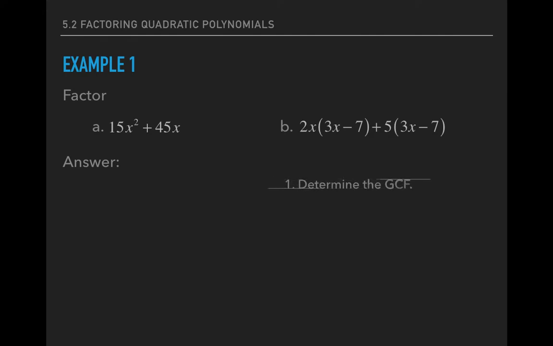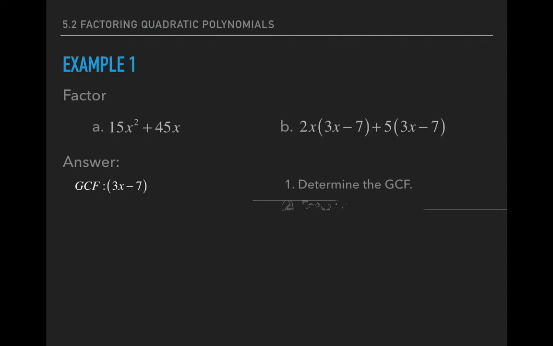All right, so now let's try example B here. Again, we look for the greatest common factor. So it's 2x times 3x minus 7. That's one of the terms we're working with. And 5 times 3x minus 7. So when you look at those two, what do they both share? Well, they both have 3x minus 7.